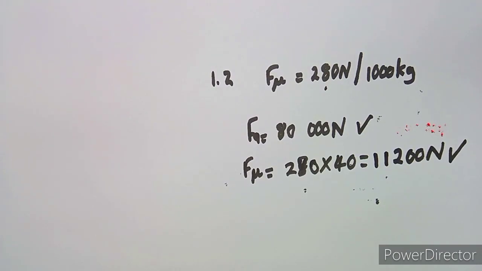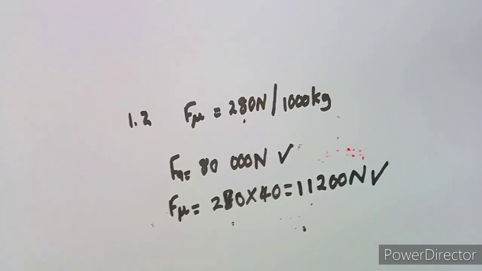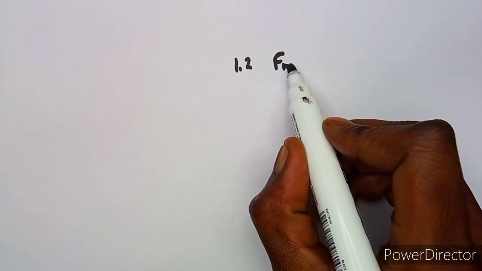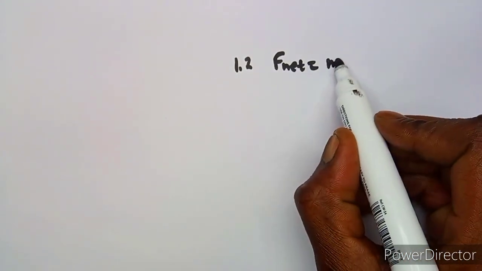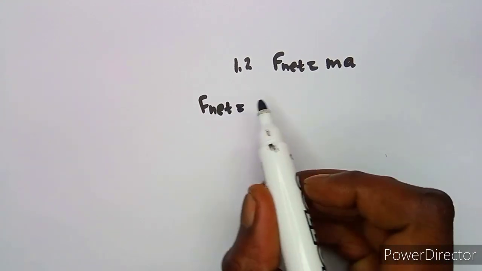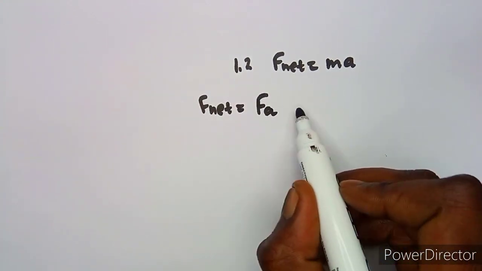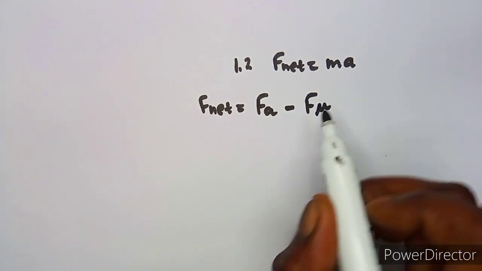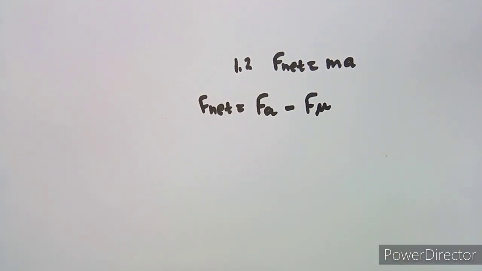So remember the relationship: F net is equivalent to MA, which is the net force. But this net force is also equivalent to the applied force minus the frictional force, because this one will be opposing. The difference between the two gives us F net.